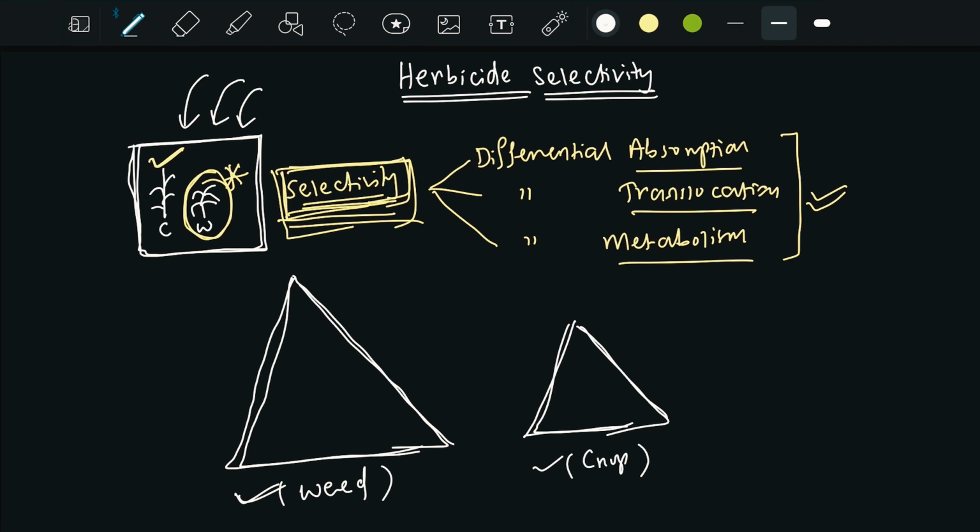That means whenever we are applying the herbicides, suppose we have applied the herbicide on the plant foliage, on the mixed flora of crop and weed. So basically the first one is retention. The retention of the herbicide will be more in case of weed, due to certain mechanisms.